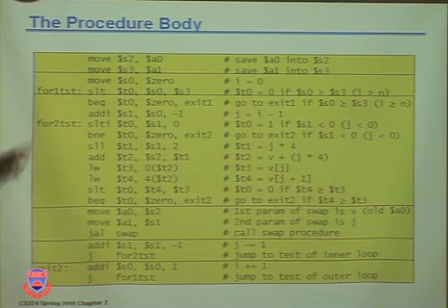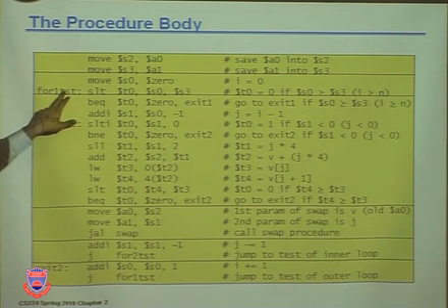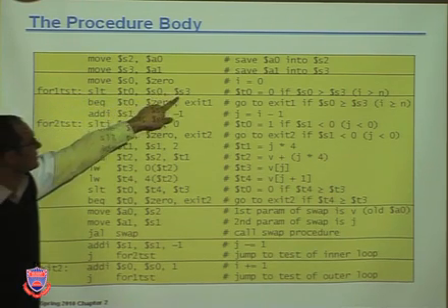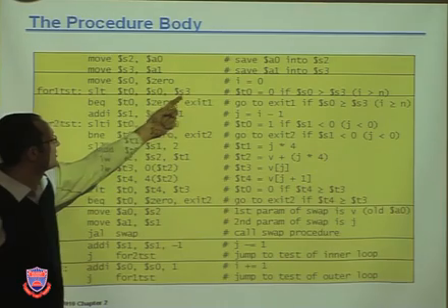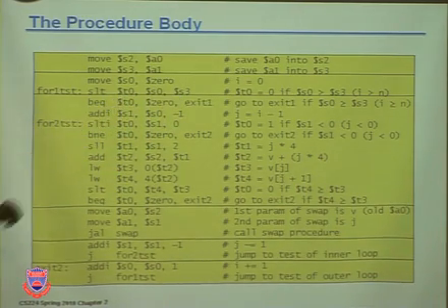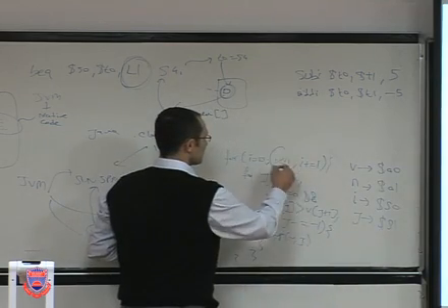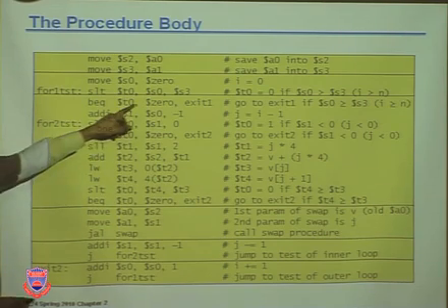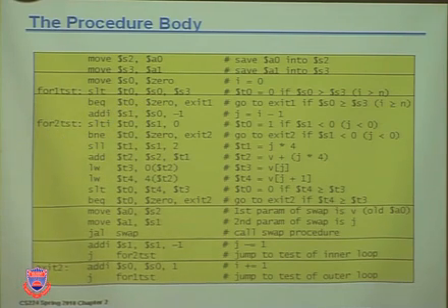And then this is the first for loop that you have. And it's checking set less than, s0, s3. Whether s0 is less than s3, set t0. Right? It is actually performing this. If your i is, what was i? i was 0, right?